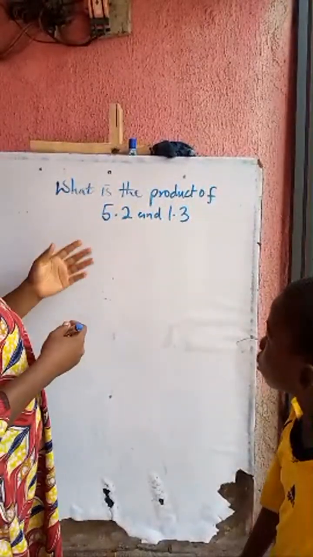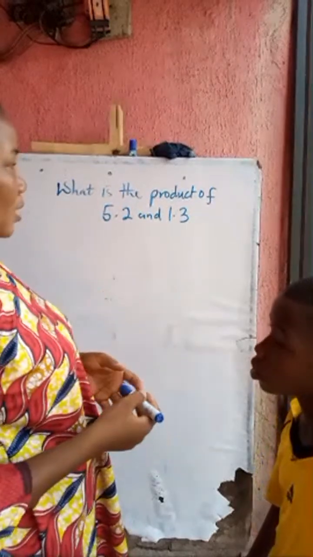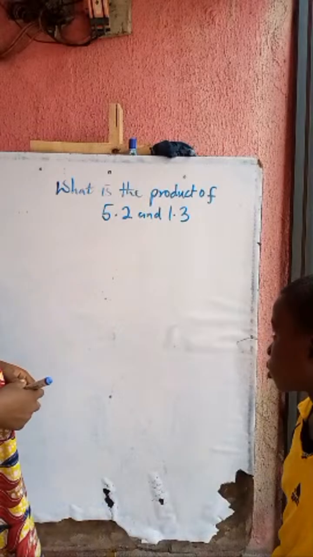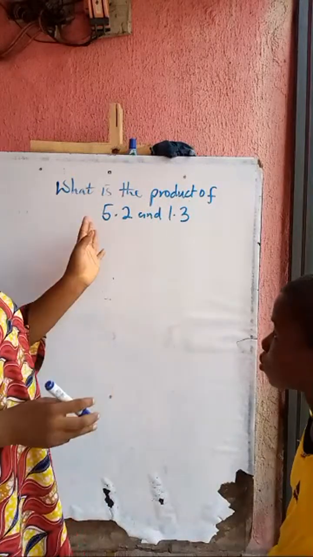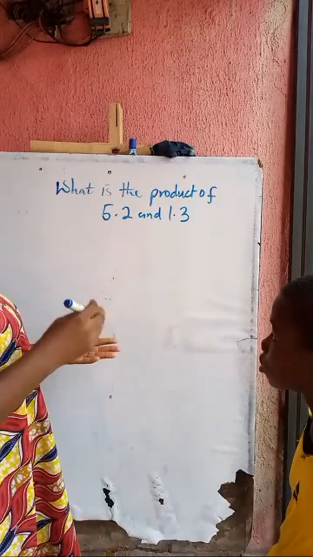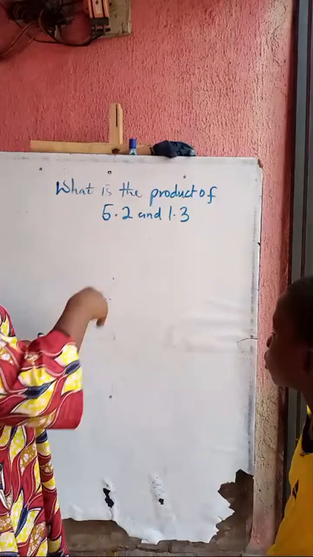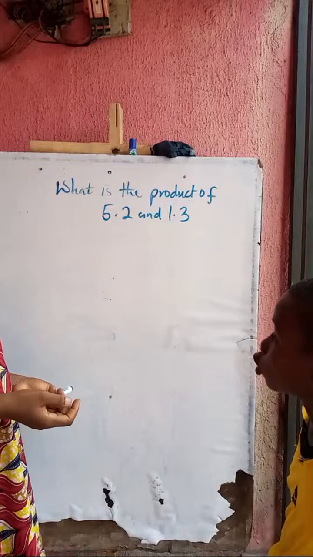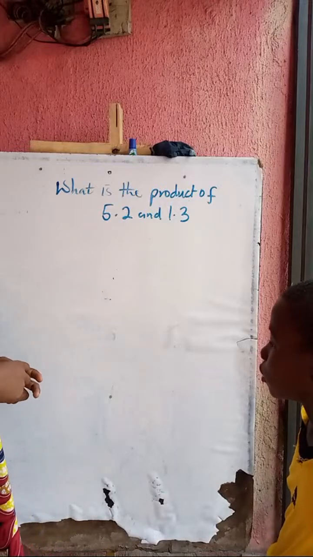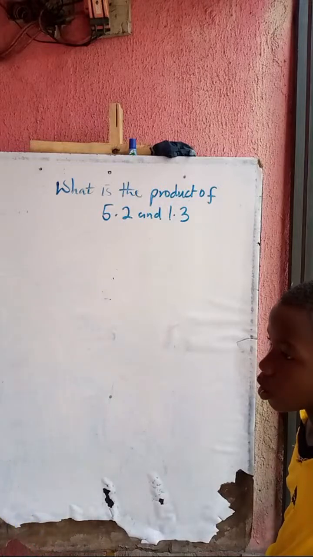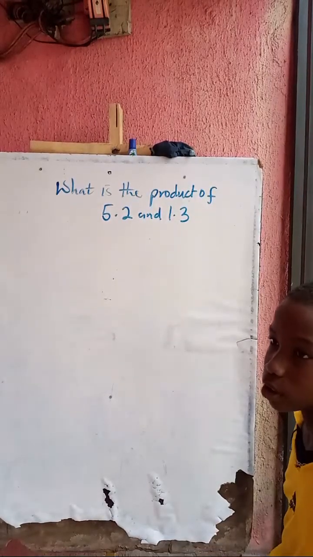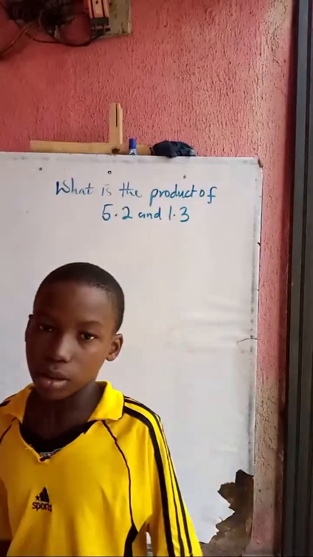Now we have decimal numbers here to multiply. When they say product, it means multiplication. In this case, we are not going to multiply with the decimal points. We are going to remove the decimal points and multiply as whole numbers. Then when we are finished, we count how many decimal places it is.